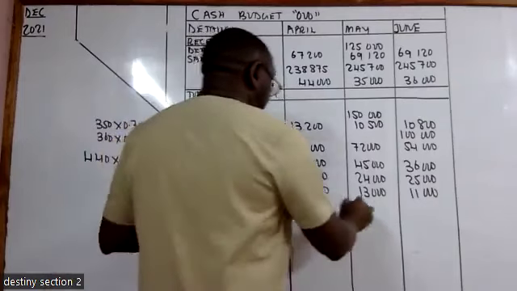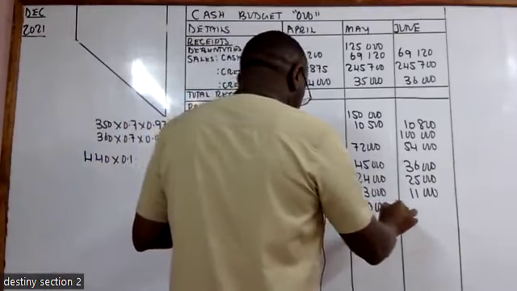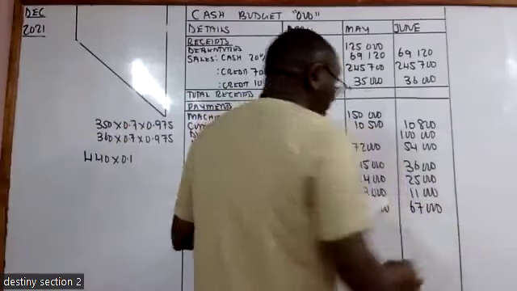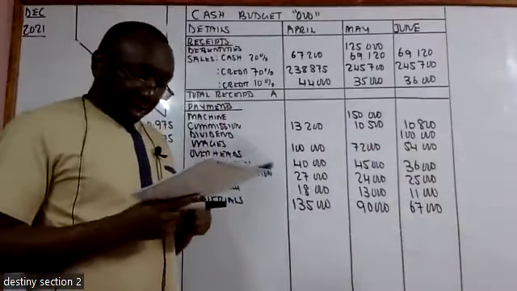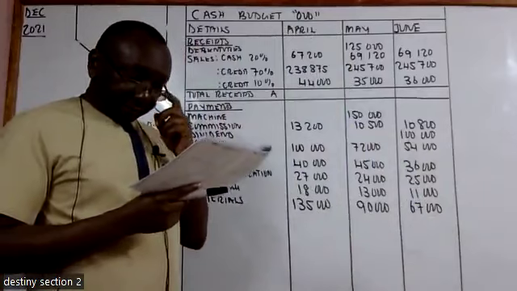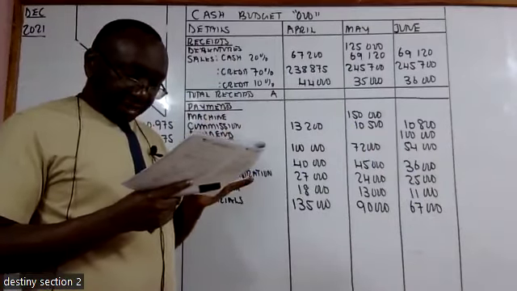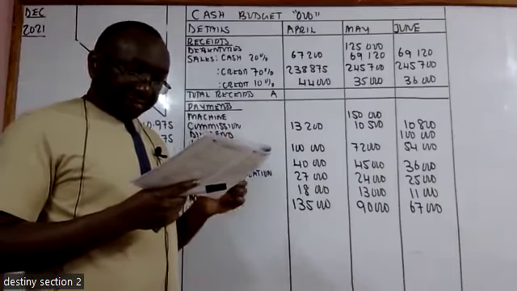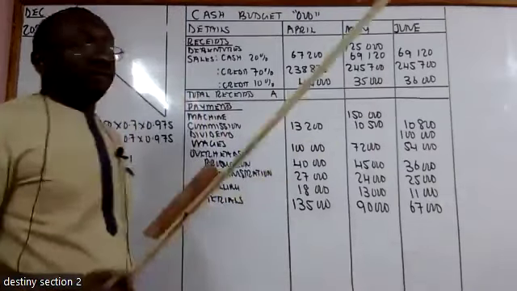Then there is 90,000 we pay here. Then there is 67,000 we pay here. So that we are paying within 2 months. I believe that we have captured everything. And if we have, let's now get this figure.